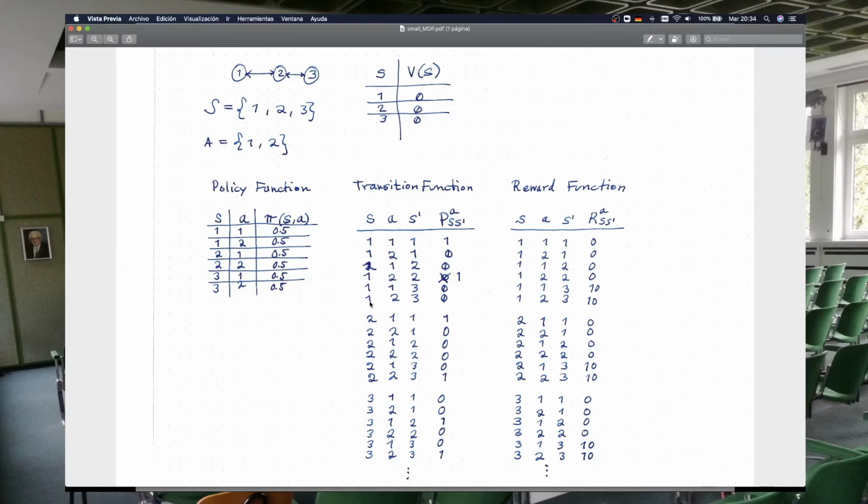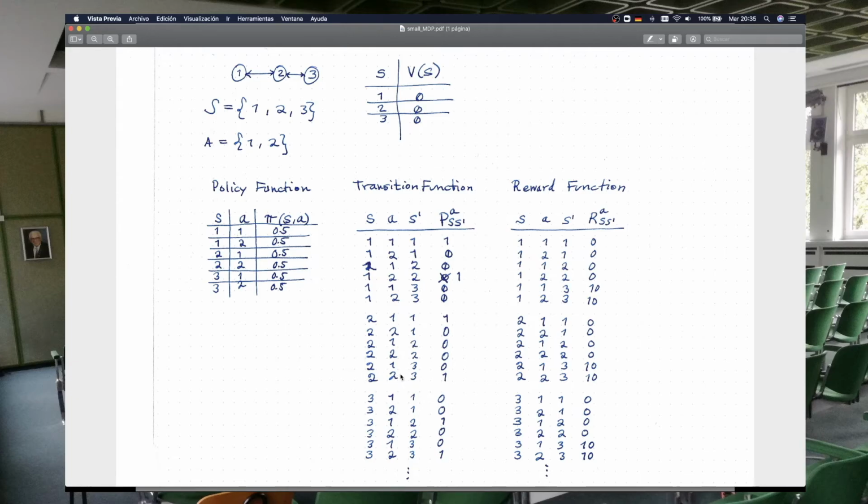Like if you are in state 1 and you apply go right, it's impossible to move to state 3. So the probability is 0. Okay. If we consider state 2, okay, we have here, if we're in state 2 and we go left with probability 1, we will move to state 1.